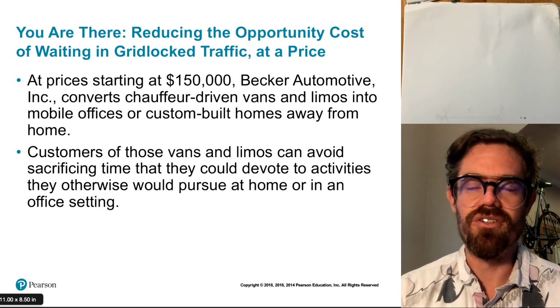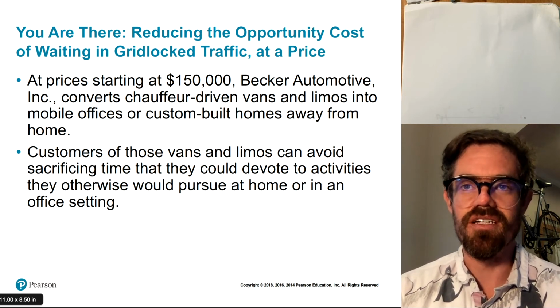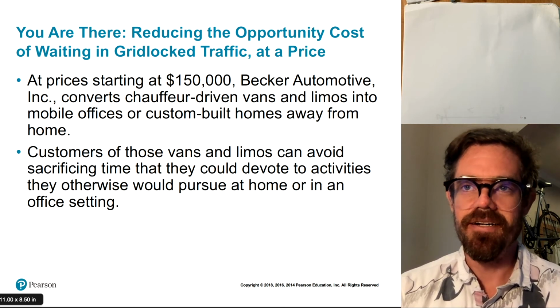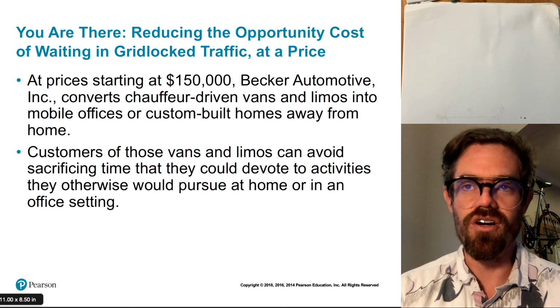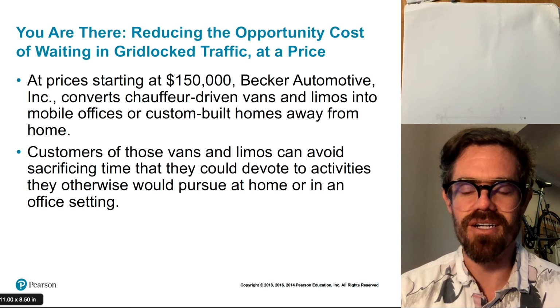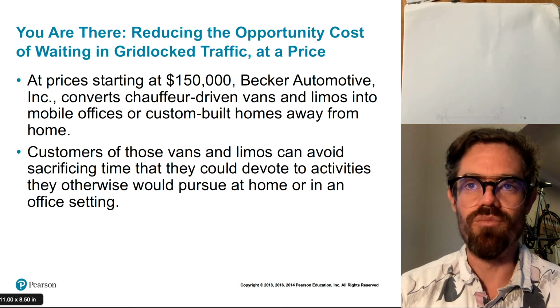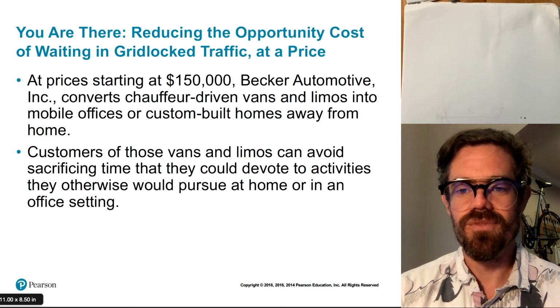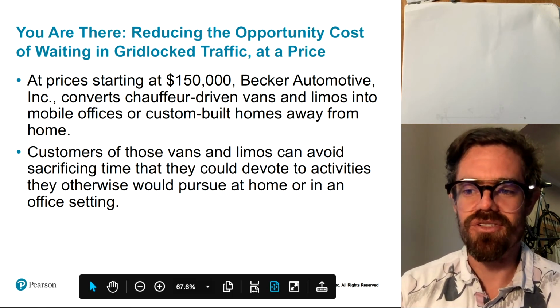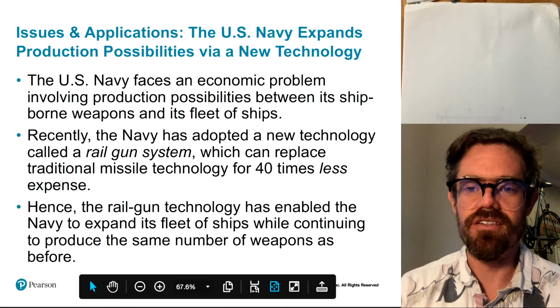If we have this increased technology, then people could feasibly, especially if they're self-driving, commute to work, and while they are commuting, they could be working at the same time. So that would allow a higher level of productivity, higher level of efficiency, more output, more production. That's an interesting application of the ideas we've learned in this chapter.